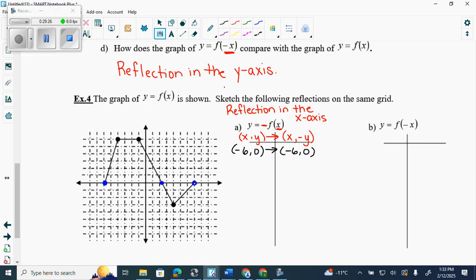Let's do the other points. So this one is 1, 2, 3, 4, and 1, 2, 3, 4, 5, 6. So negative 4, 6. It's going to become negative 4, negative 6. So I'm using my mapping up here, the x, negative y. So I drew it, and then I connect. Right? And then I go to my next one. It's at negative 1 and 6. It's going to become negative 1 and negative 6.